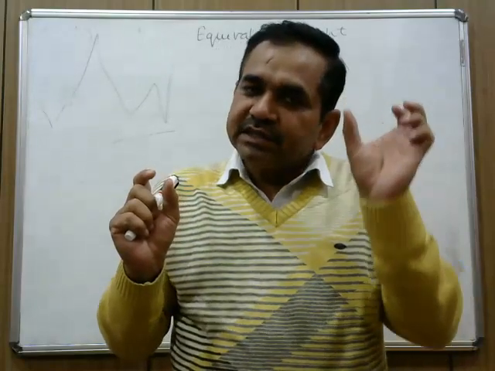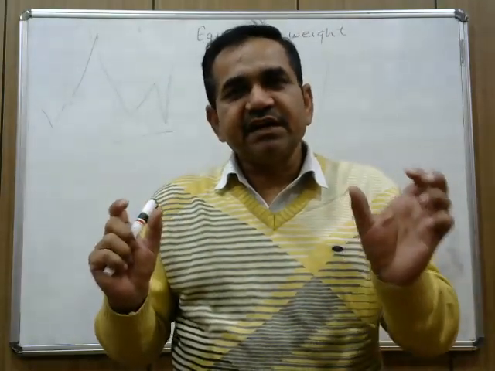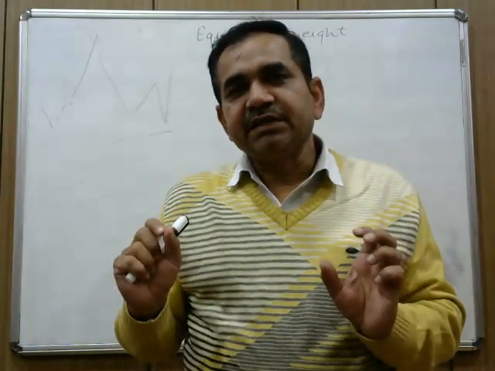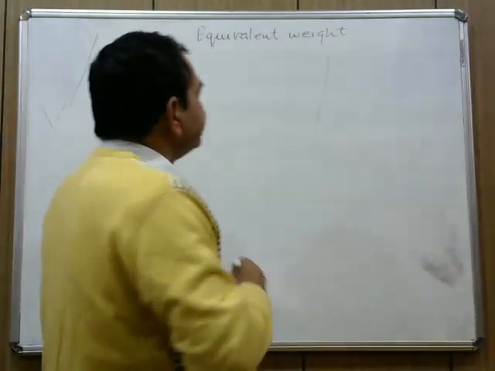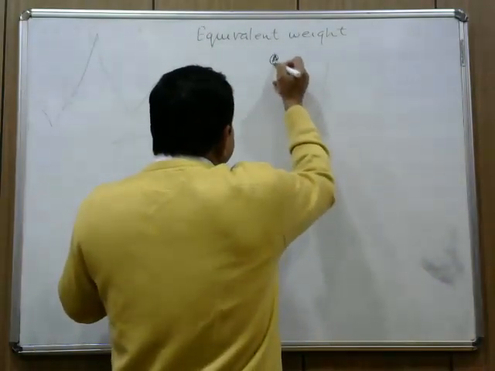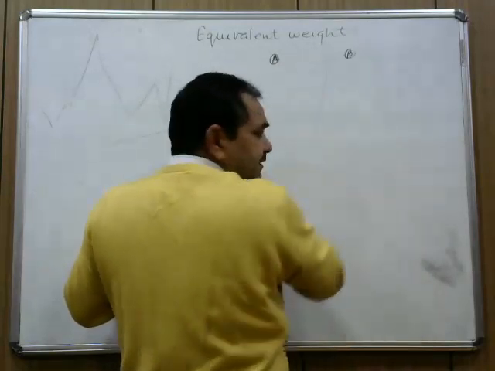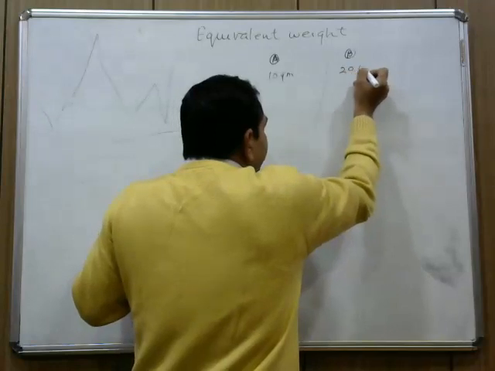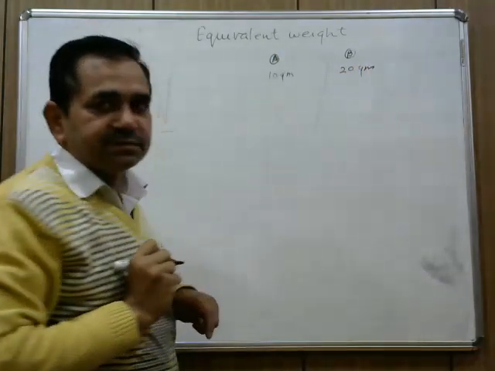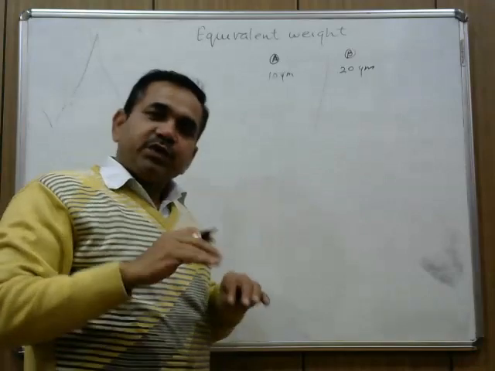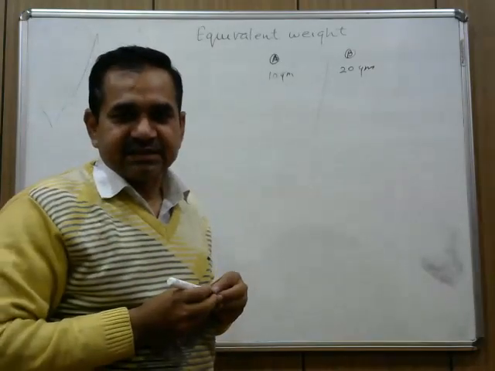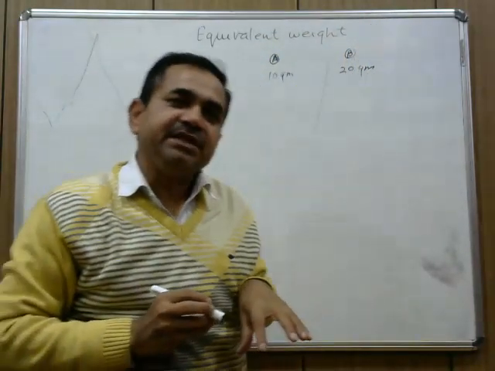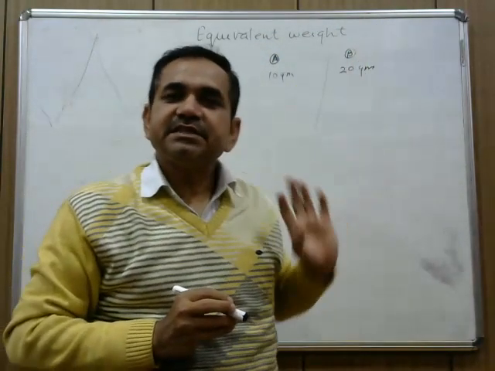So that is how the weights of these substances are taken as equivalent weights. Say, for example, this is a substance A and this is a substance B. 10 grams of A requires 20 grams of B. So for the purpose of a chemical reaction, 10 grams of A is equivalent to 20 grams of B. So this ratio is equivalent.